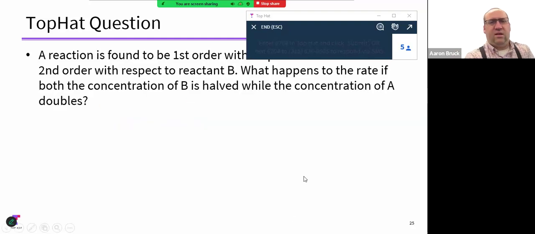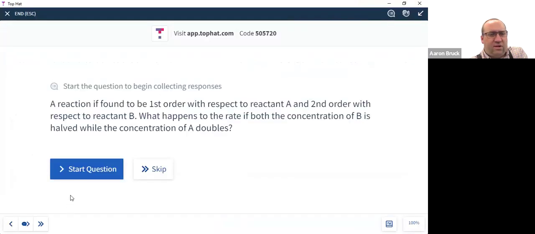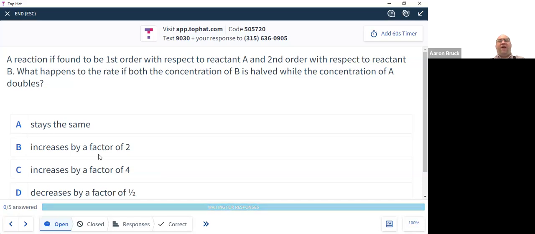All right, let's look at the next one. Now we have a reaction that is first order to A and second order to B, so just like the last one. What if B is cut in half and the concentration of A is doubled?